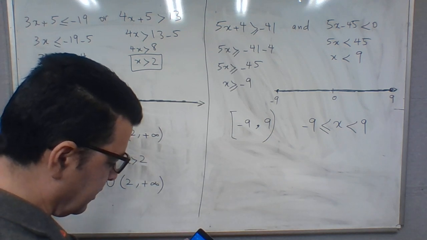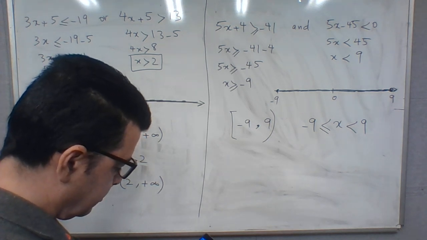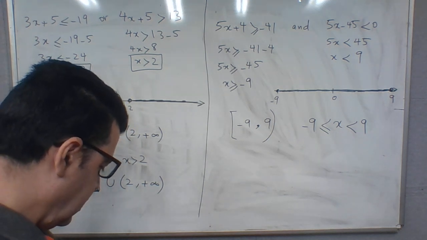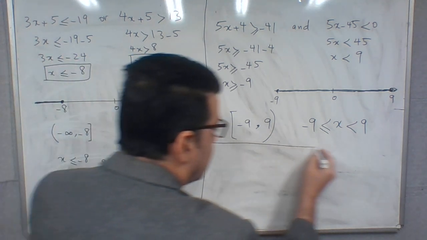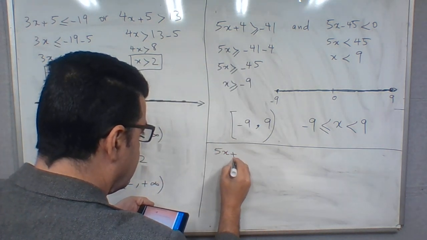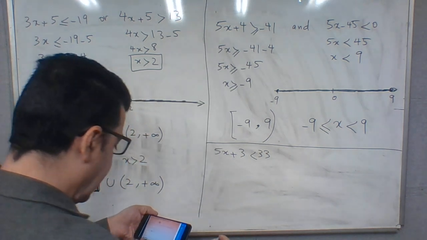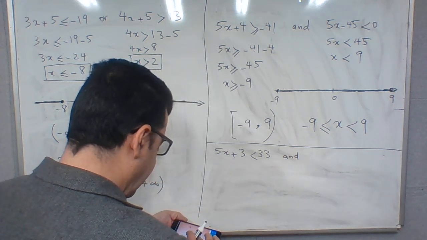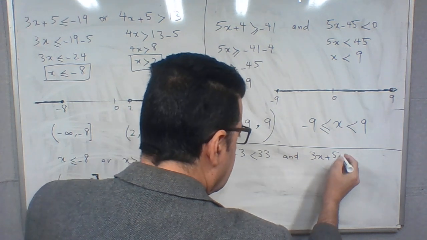We go to problem 91. Solve the inequality. 5x plus 3 less than 33, and again 3x plus 5 greater than 8.